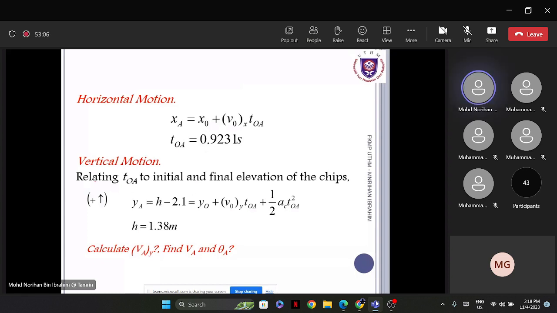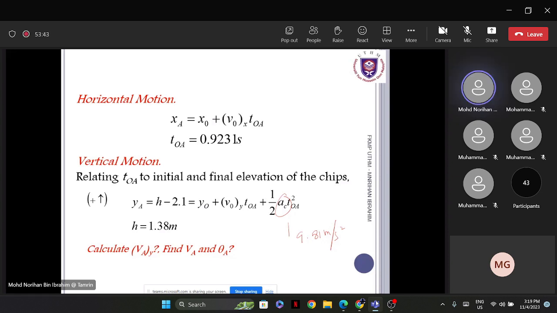In vertical motion, relating TOA to the initial and final elevations of the chip, we use this equation: y is equal to h minus 2.1, which is equal to y naught plus v naught y TOA plus half a TOA squared. In this case, a is equal to 9.81 meters per second squared.